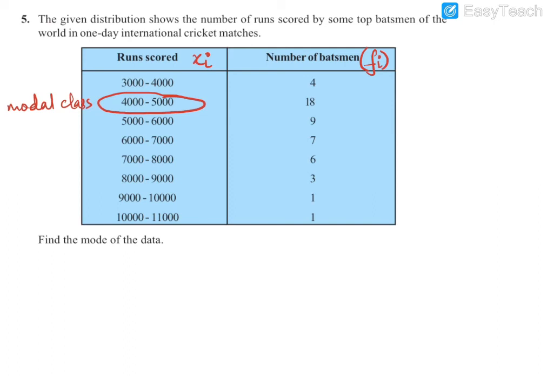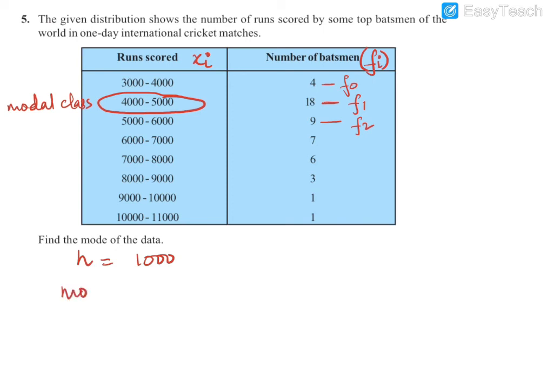F0 is the frequency of the class preceding the modal class. So this will be F0. Frequency of the modal class is F1 and frequency of the class succeeding the modal class is F2. And the class size H is 1000.